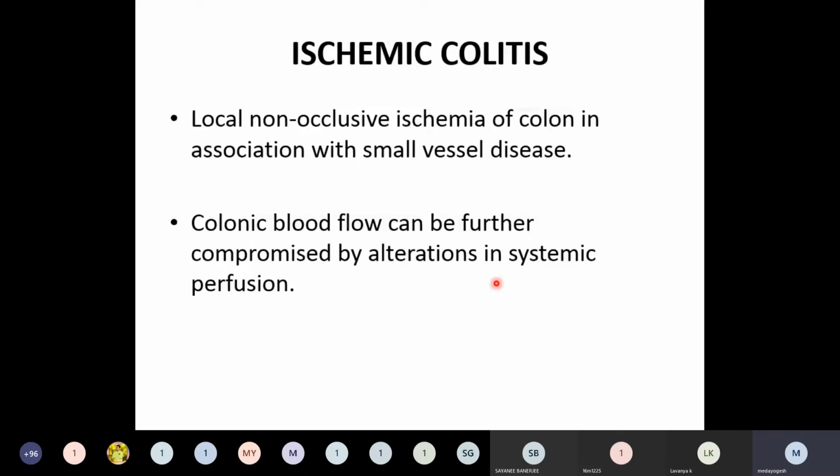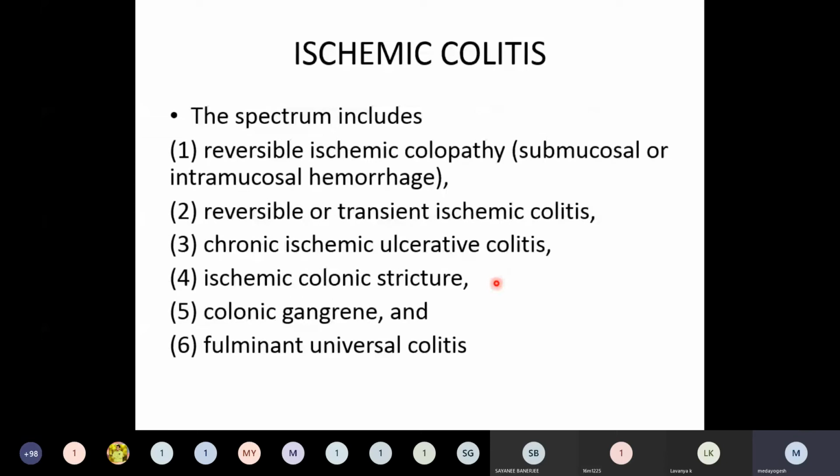So it's a local non-occlusive ischemia of colon, usually associated with small vessel disease, and the colonic blood flow can be further compromised by alterations in the systemic perfusion. That produces ischemia of the colon in the more susceptible sites, followed by colitis. So there is a spectrum from a very mild form to a fulminant variety.